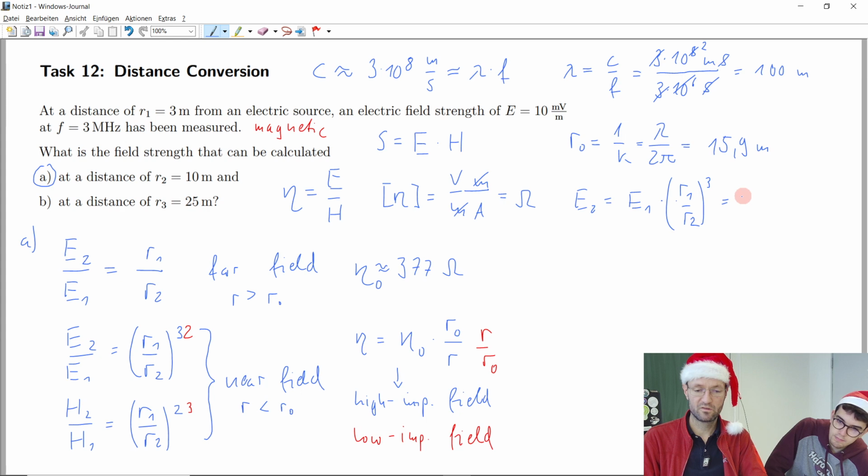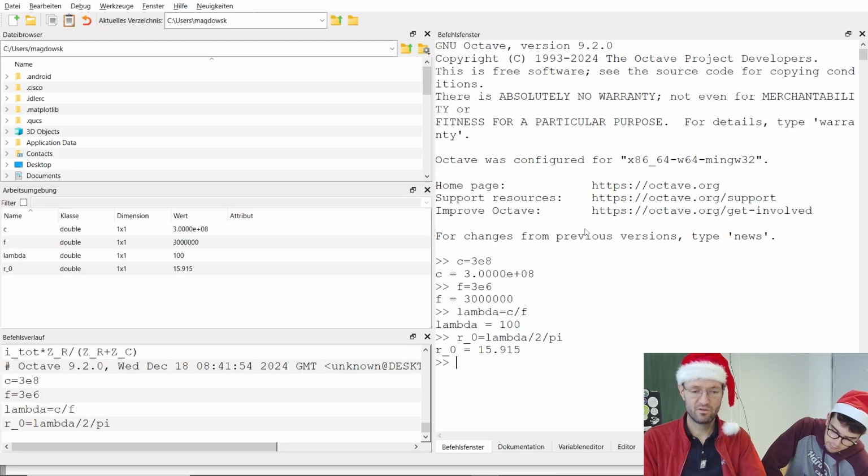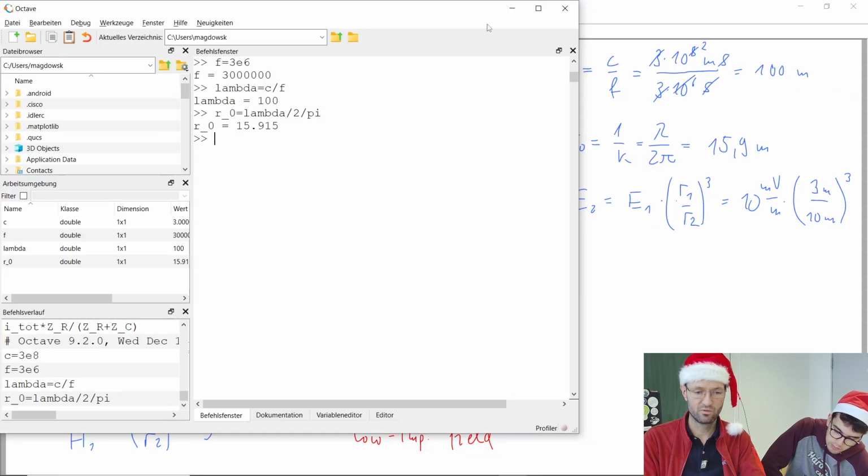So it's 10 millivolt per meter multiplied with R1, which is 3 meters, over R2, which is 10 meters, and this to the power of 3. We have a fraction here that is smaller than 1, which also makes sense because at greater distance our field strength should get smaller. The numerical calculation I will once again do in Octave, and hope that it won't crash this time.